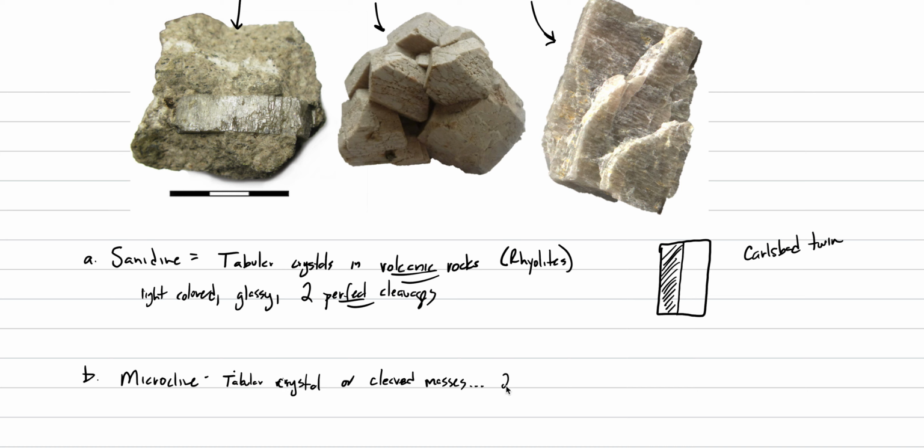Well, yes, there are two perfect cleavages in this as well. So we would expect to find really nice cleavage flashes as we are handling microcline specimens. So that means we need to look for other things to help identify it. And it can be white or gray or pink or green. And the green variety is a special variety called Amazonite.